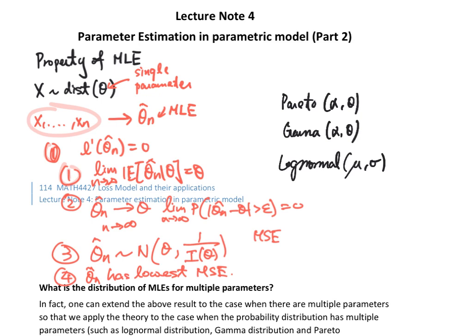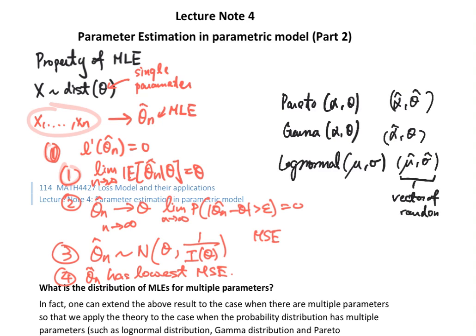Again, given the sample data, of course you can obtain the corresponding MLE. Just like the case for the single parameter, this will be a random variable. Because it involves more than one parameter, this will be what we call a vector of random variables.